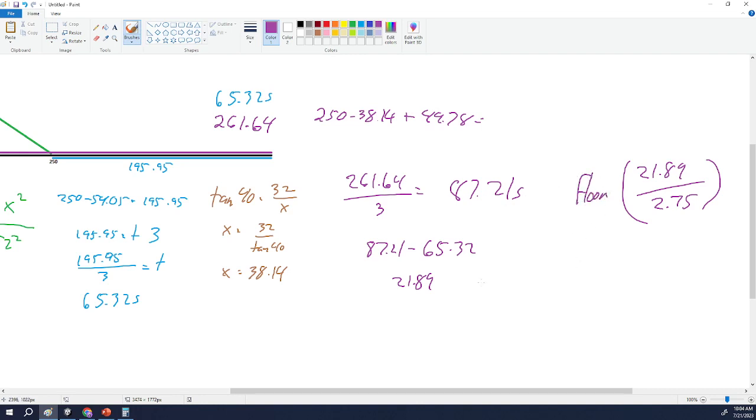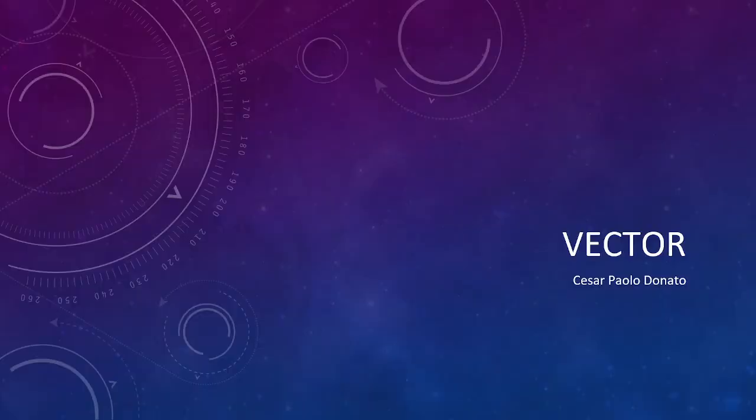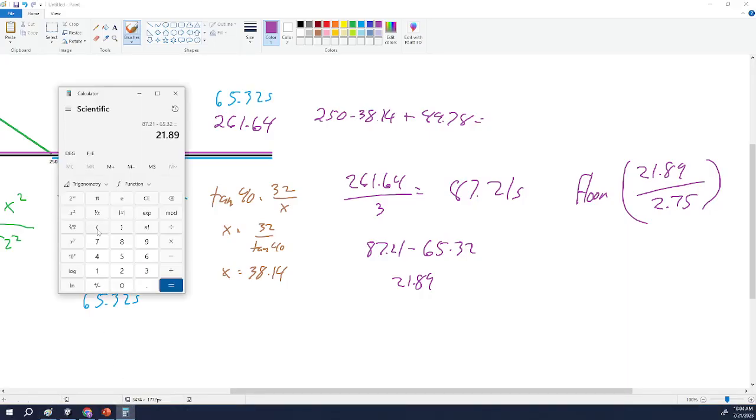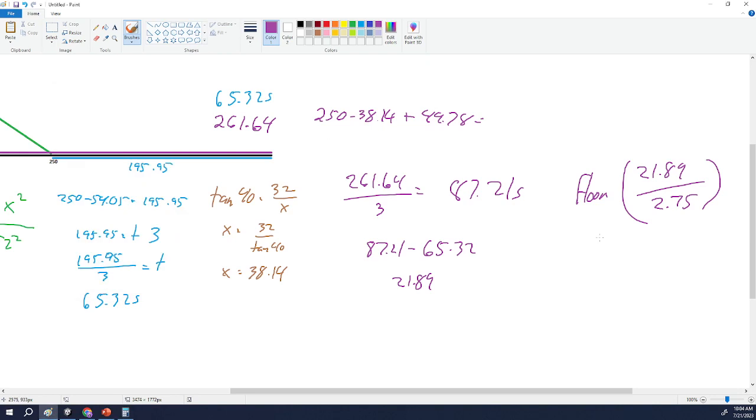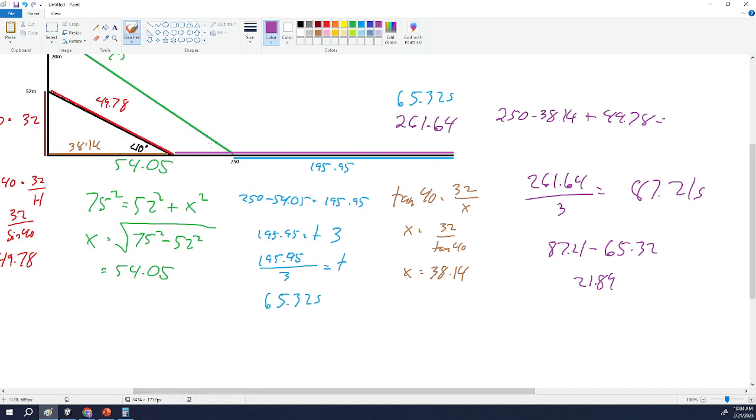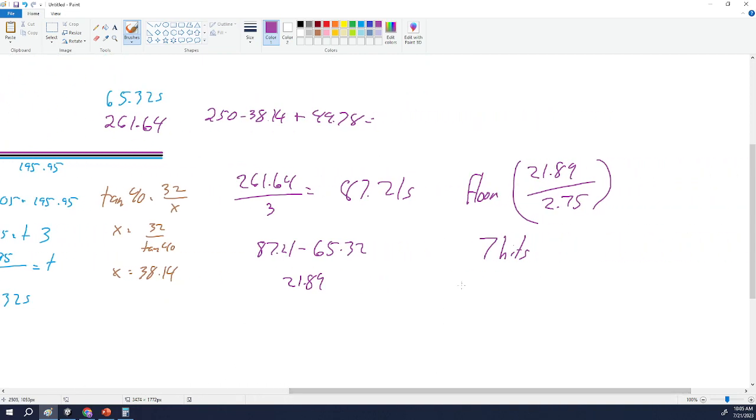We floor this. So, round one again. 21.89 divided by 2.75. 7.96. But we floor that. 7 hits. The archer dealt 7 hits while the monster was going up. So, remember, his health is 85.